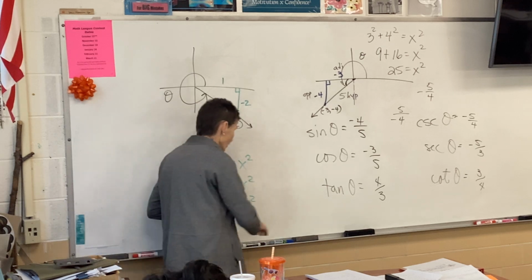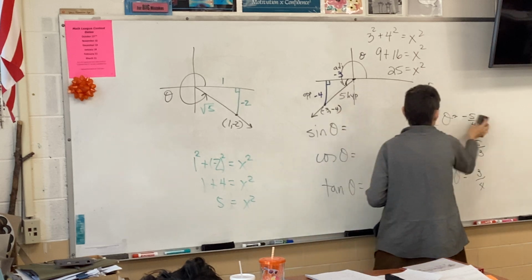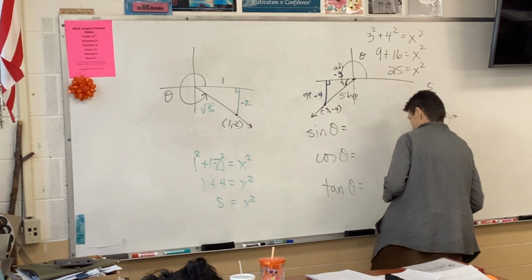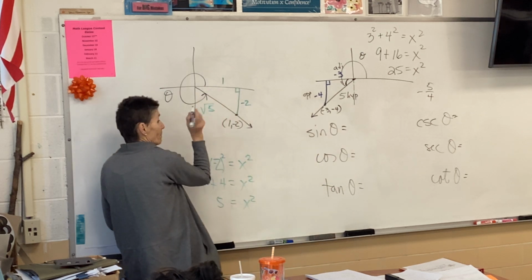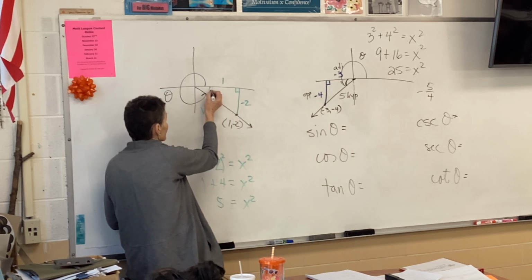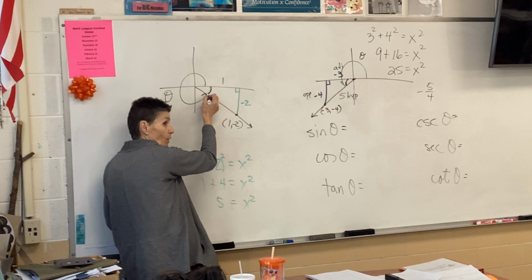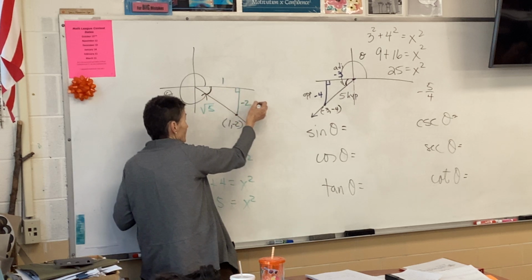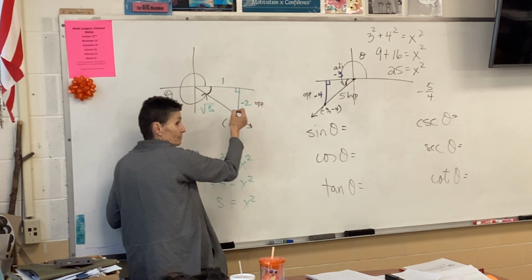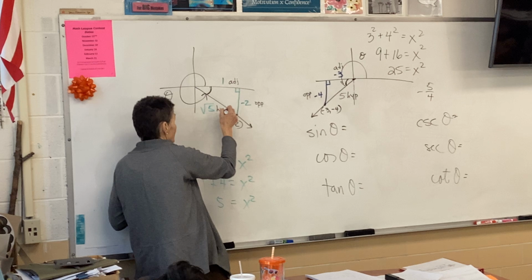And now I'm going to fill in all those blanks. So here we go. Remember, your angle is always the one at the origin. Always the one at the origin. So this side is going to be opposite. This side's going to be adjacent, and this, of course, is the hypotenuse.